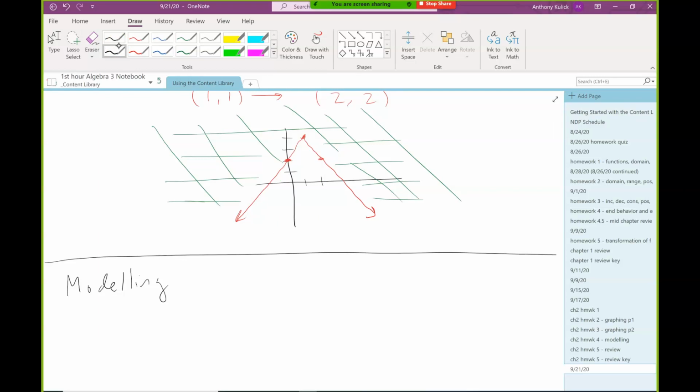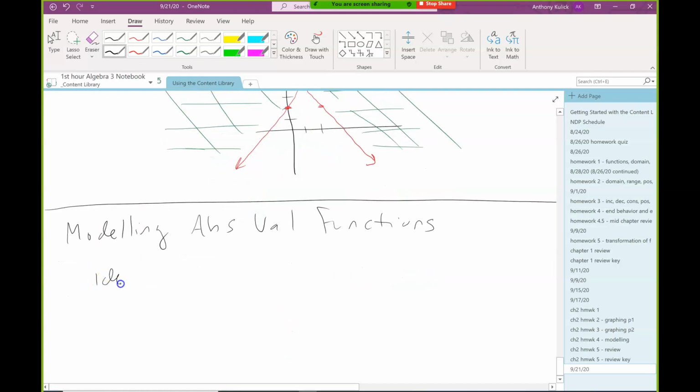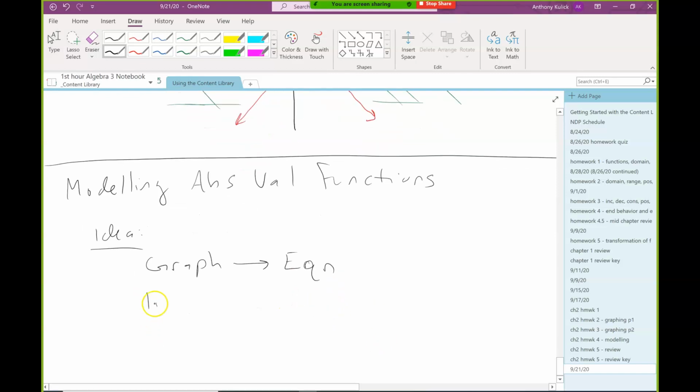Okay. The last skill we're going to talk about is modeling absolute value functions. And the idea here is we're going to go from a graph back to an equation, or maybe just info about the graph back to the equation.